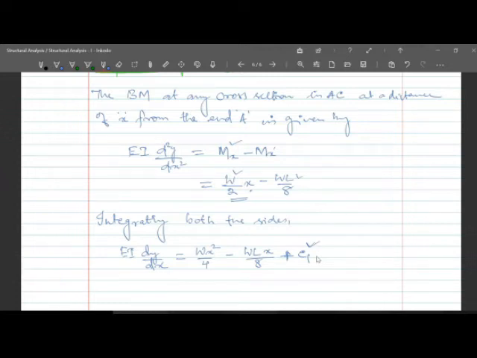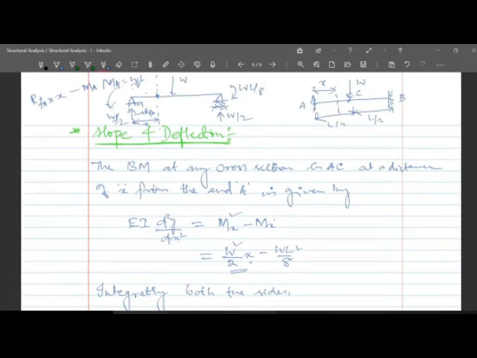Boundary condition means, you may ask, sir, what is a boundary condition? It means the condition at these two ends. Since this is a fixed beam, at this end dy/dx is 0.